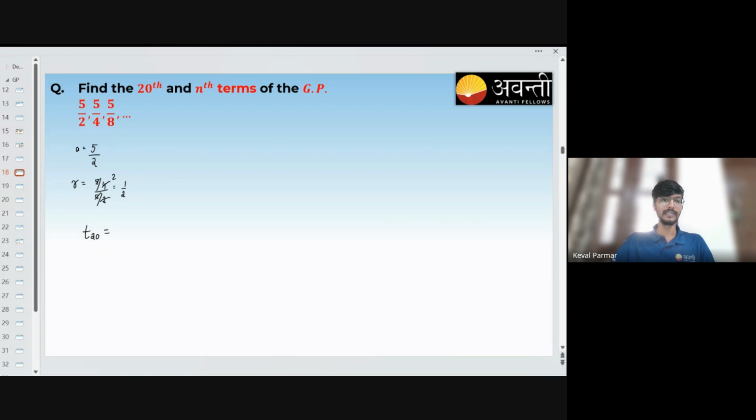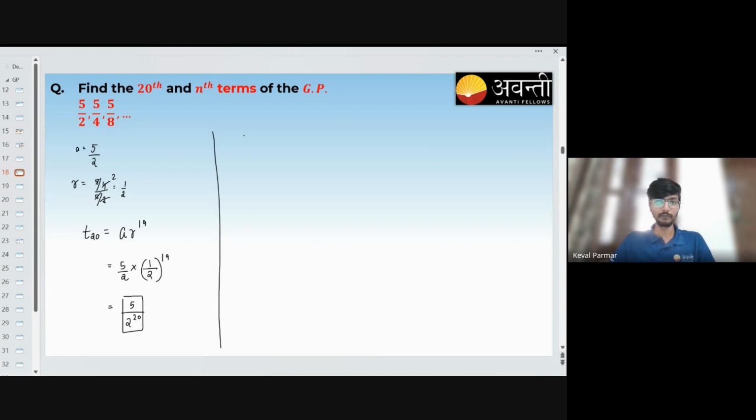What is meant by T20? A R raised to the power 19. So that means 5 by 2 into 1 by 2 raised to the power 19. In the numerator, I'll be left with 5 and in the denominator, I'll get 2 raised to the power 20. I hope you can understand what we got in the denominator by using indices.